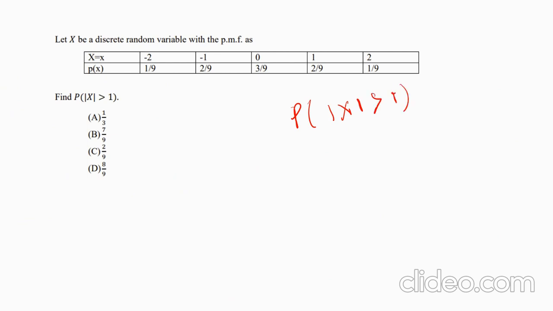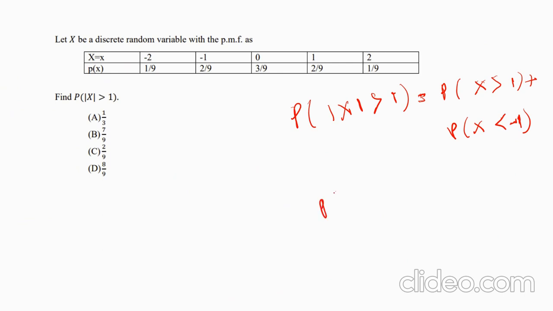So you can do it in two ways. Firstly you can take mod x greater than 1, which means x is greater than 1 or x is less than -1, right?